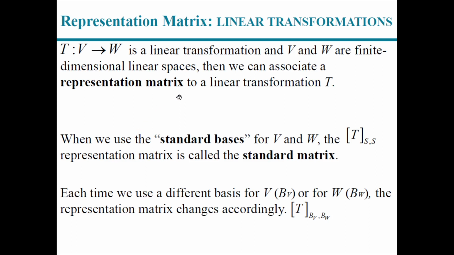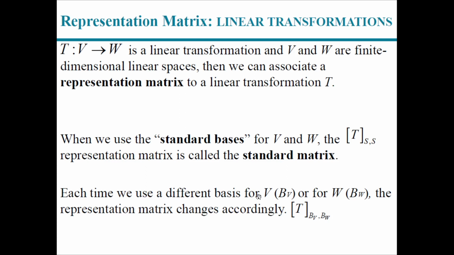So we know now that when our spaces V and W are finite dimensional, we can build a matrix that represents a linear transformation. These matrices will depend on the basis we choose for V and W. When we choose the standard basis for V and the standard basis for W, then the representation matrix will be called the standard matrix, because we are using the standard basis.